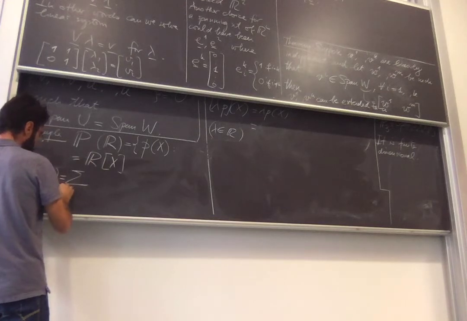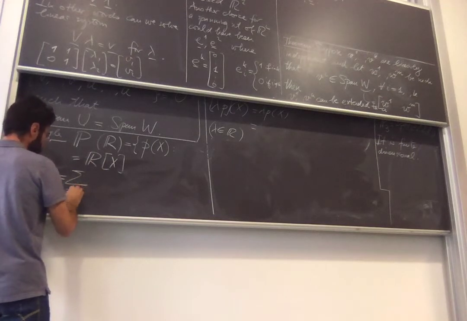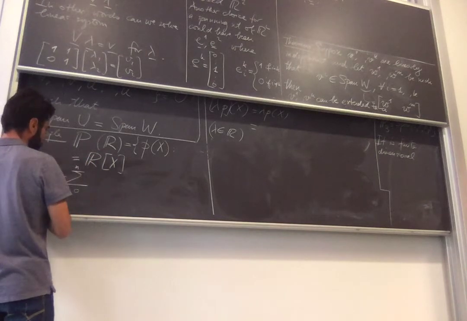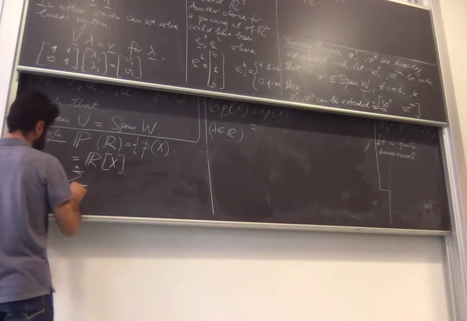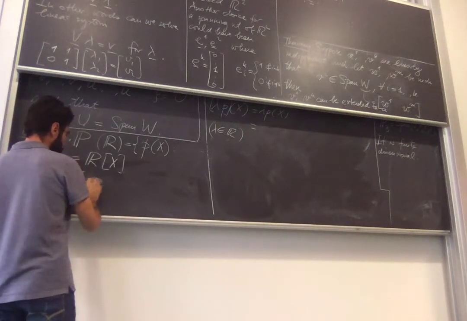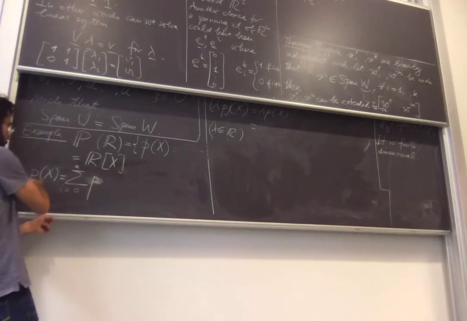the following form: i goes from 0 to n. I'm going to call them p_i just to connect this notation with this notation here.